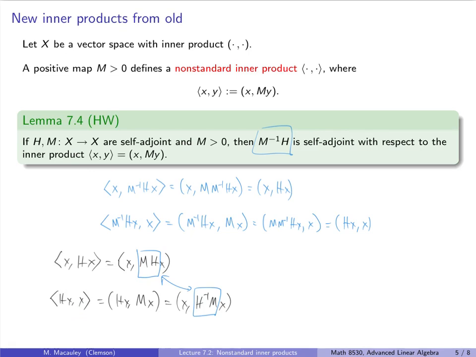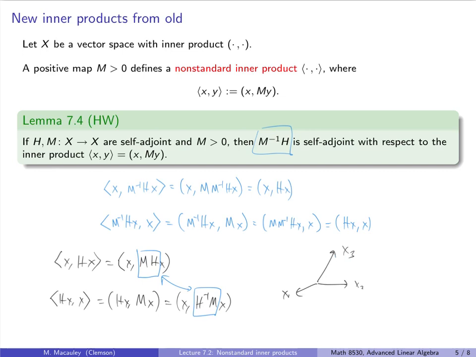Now let me give you a geometric way to think about this. Let's say that we have a 3 by 3 matrix, because that's really the most we can visualize geometrically, and it's got 3 eigenvectors. I'm going to draw them like this. Say x1, x2, and x3.